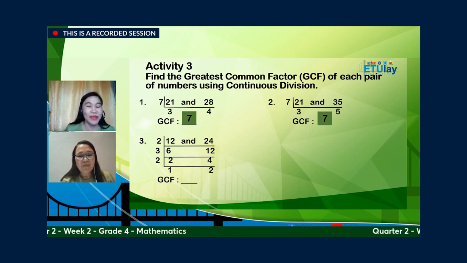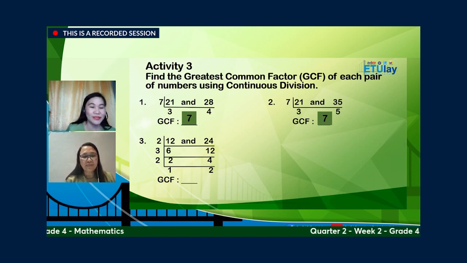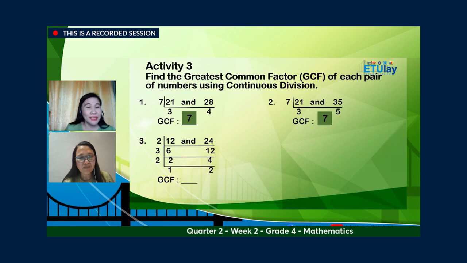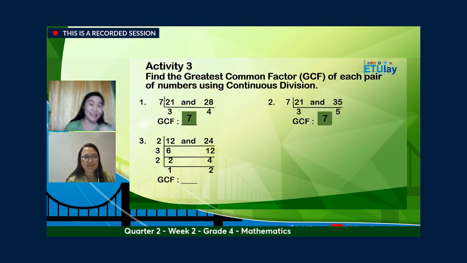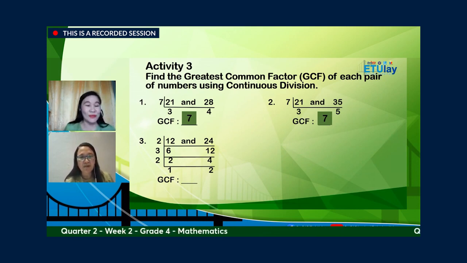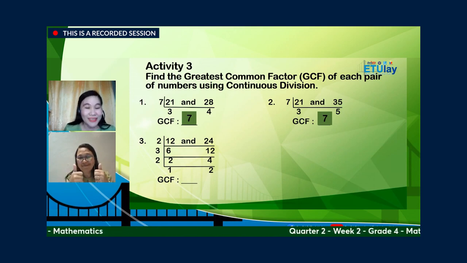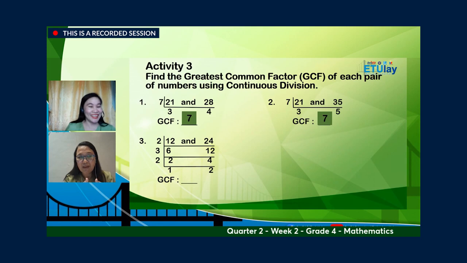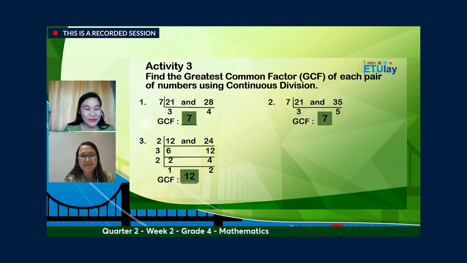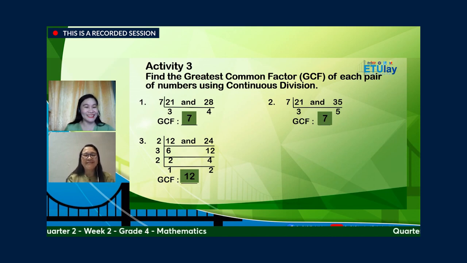Sige nga, i-multiply nyo nga yung mga prime divisor natin. Iyan lang nasa kaliwa ng mga numbers natin ha, hindi yung nasa kanan, kundi nasa kaliwa. At ano nga ba ang product ng prime divisors natin? Tignan nga natin kung pareho tayo ng sagot. Very good. That is 12.